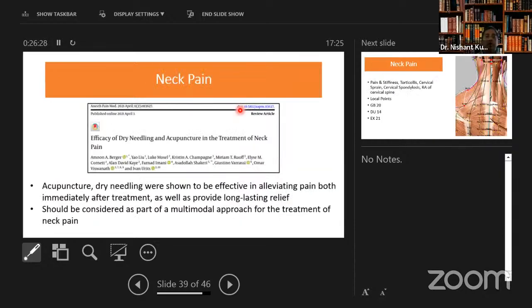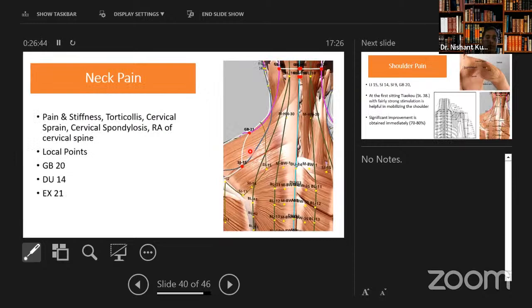So apart from this, now we will go back in the back area, that is neck pain. So another very important, neck and shoulder and this trapezius pain. So very commonly that is being treated by this acupuncture. It is neck pain and trapezius myofascial pain.